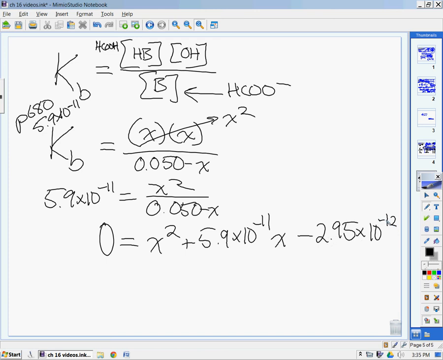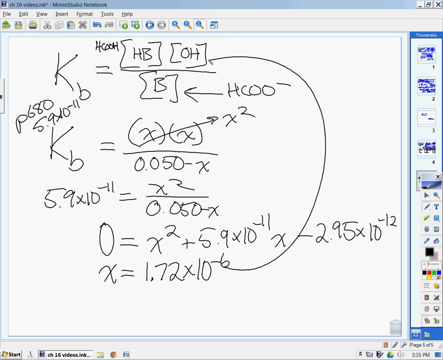You do have that nice quadratic formula program on your calculator, right? Because it makes it really easy to solve for x. It's 1.72 times 10 to the negative 6. And let's remind ourselves that OH is x. So that's actually equal to the concentration of OH.